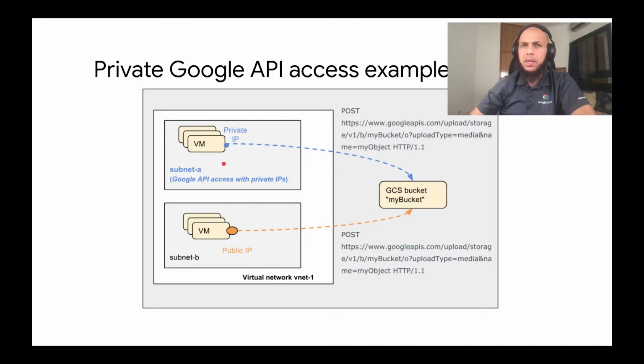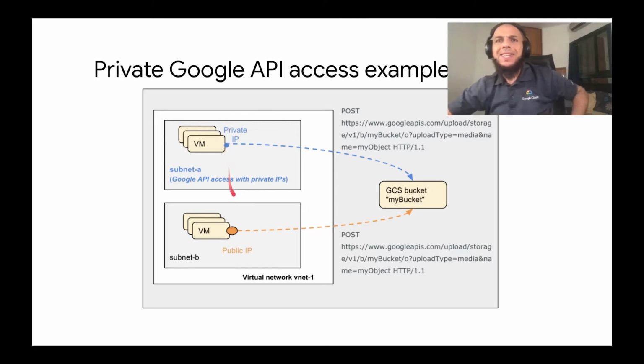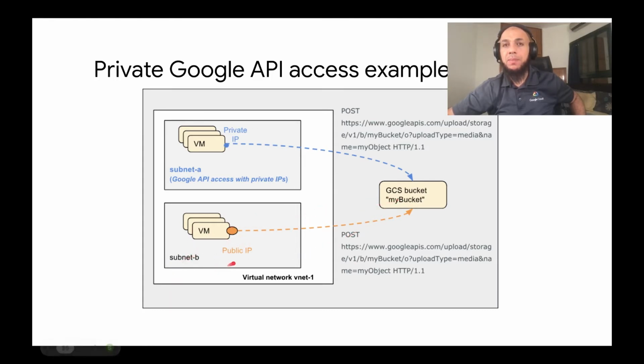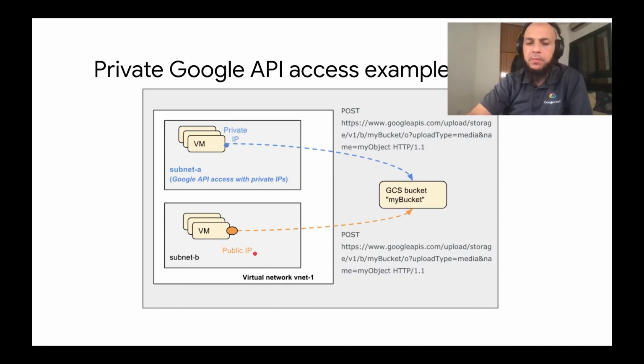The one with private Google access enabled will be able to reach out to Google Cloud Storage, for example, with the private IP. If it wasn't enabled, I wouldn't be able to reach out. If it was disabled, I would only be able to reach Google Cloud Storage with the public IP, because in that case the Google API access is not enabled.